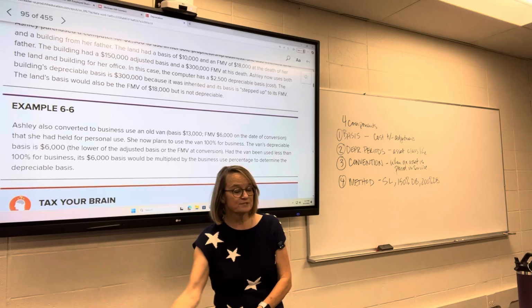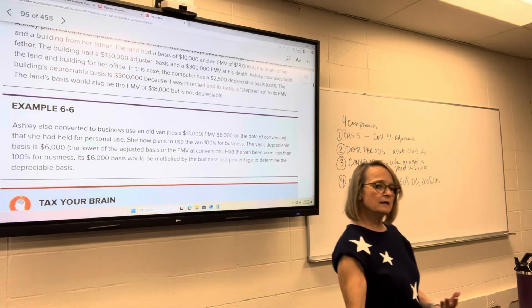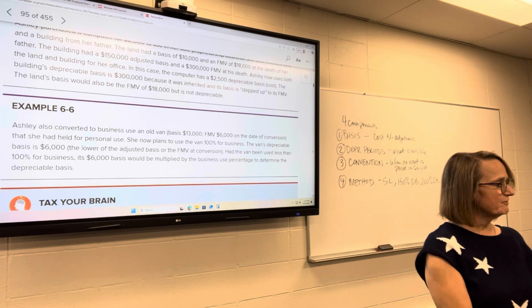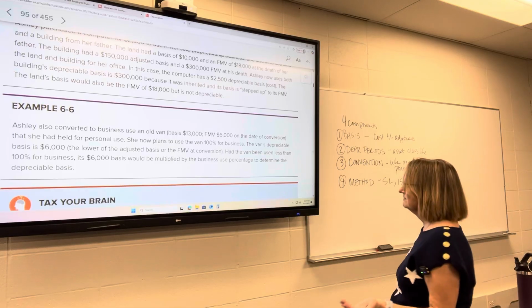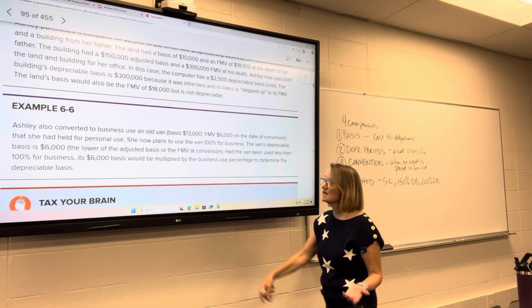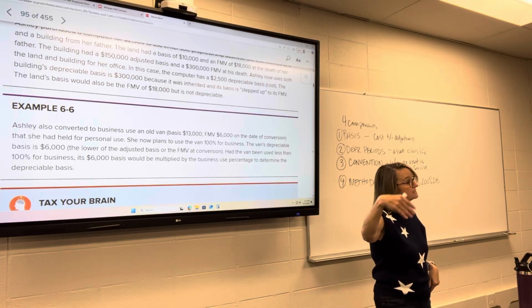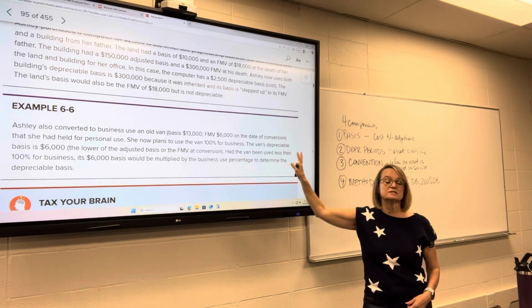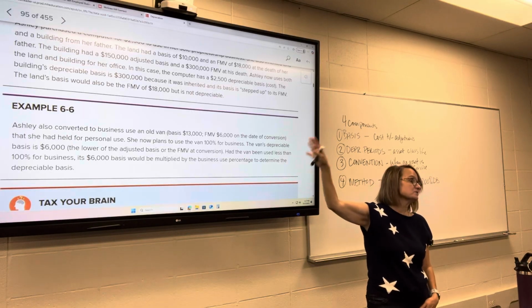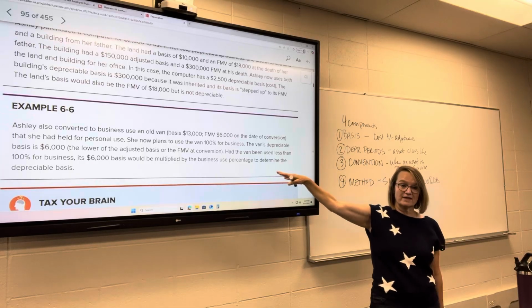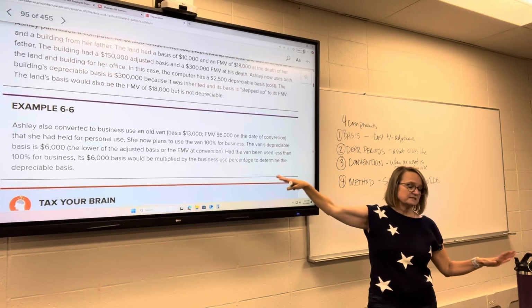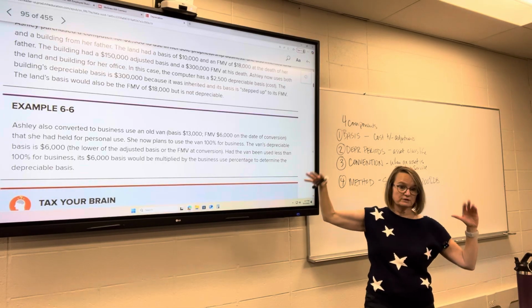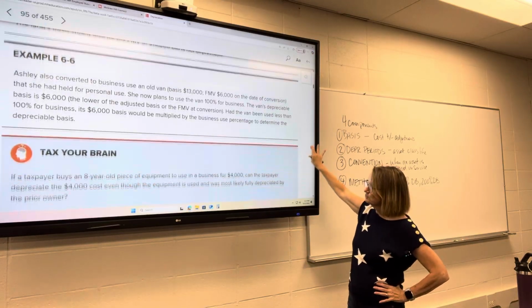If it's not used 100% for business, so she uses it partly for personal, maybe 25% is a personal van, 75% is business, then the basis is going to get adjusted based on the percentage that's used for business. So she'd get to depreciate, her basis would be 75% of that $6,000. Does that make sense? So it's only the business use portion that's going to be depreciated.